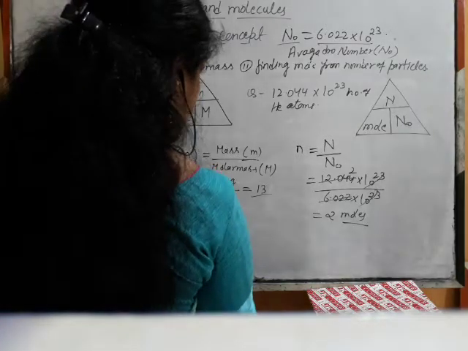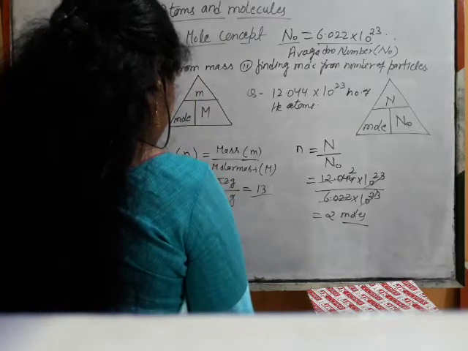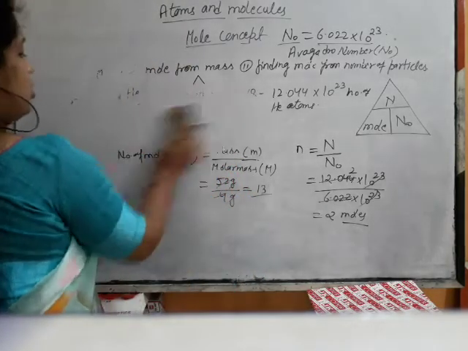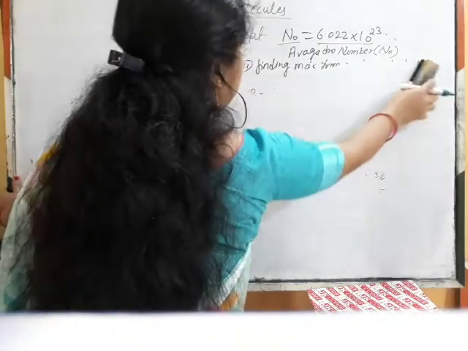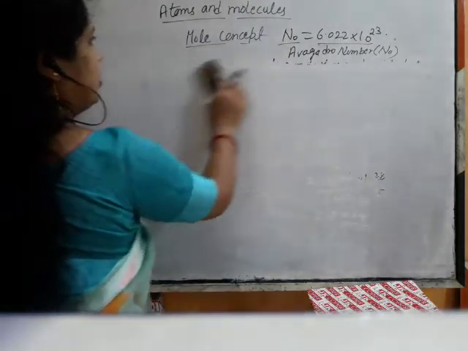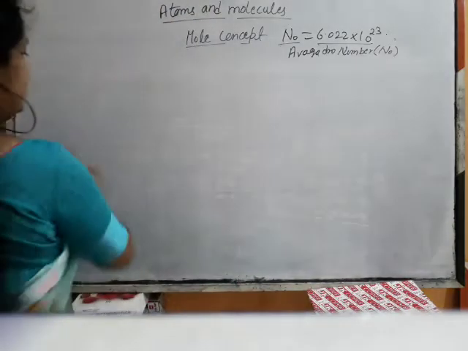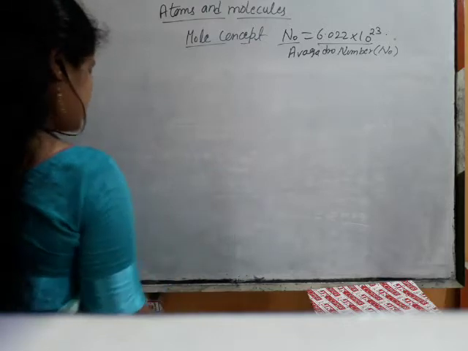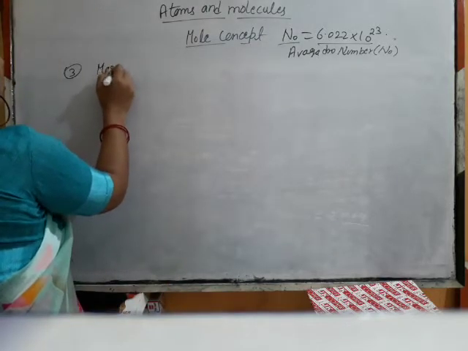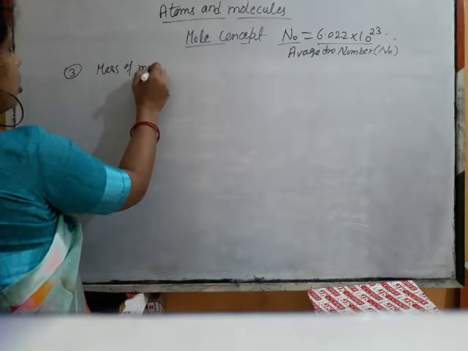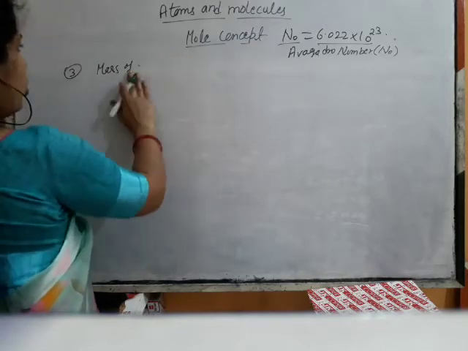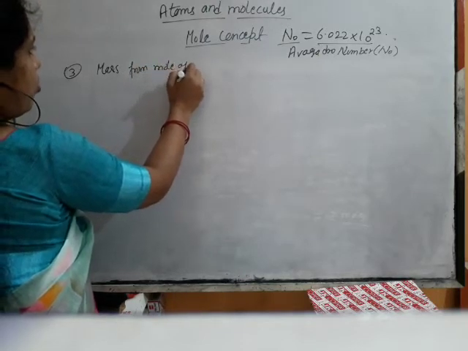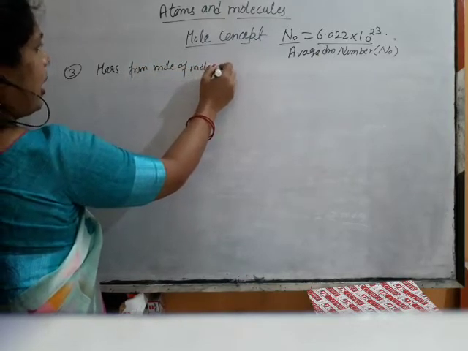Okay. Now let us move to another type of numerical. Now the third type. The third type is mass from mole of molecule or atom.